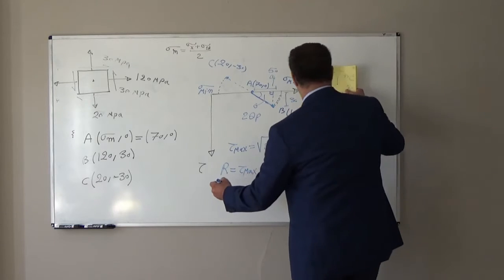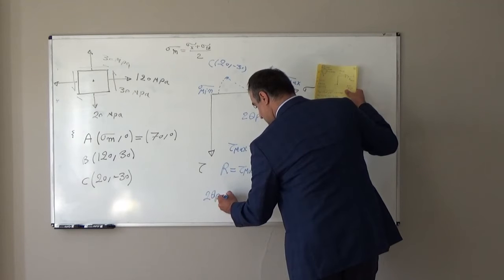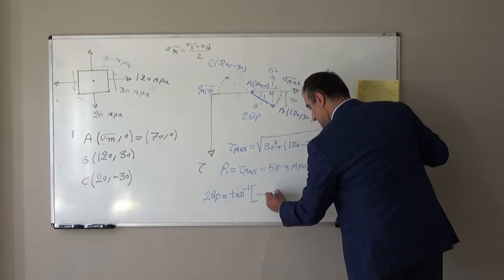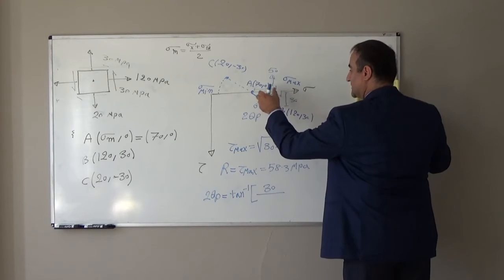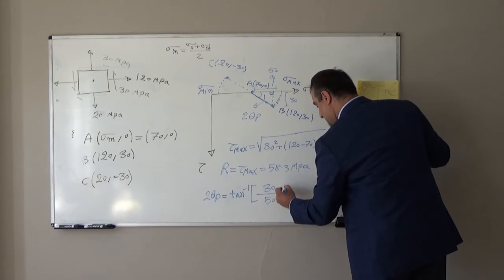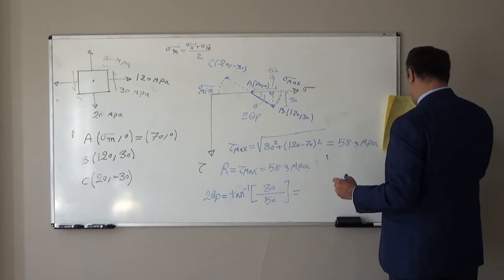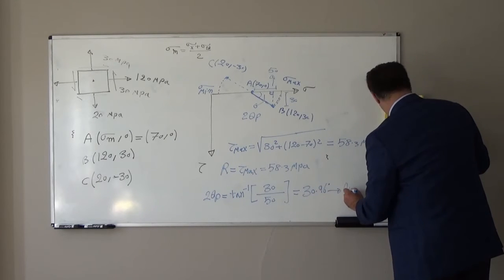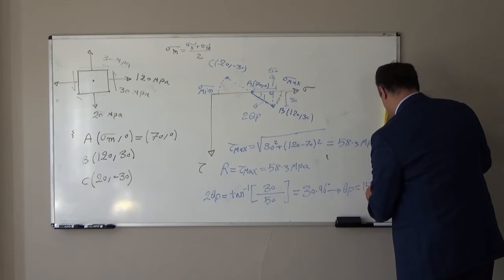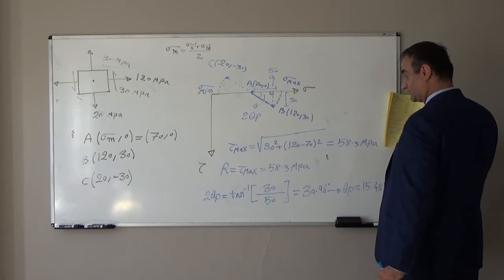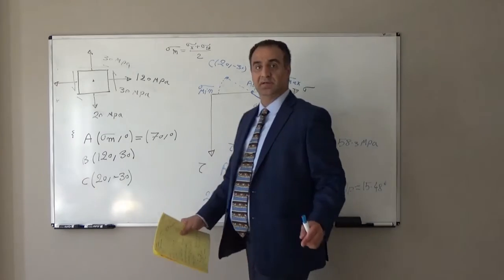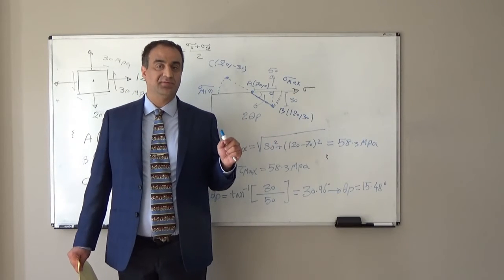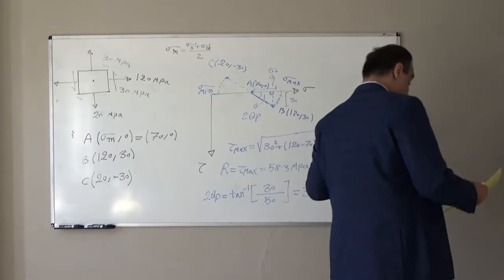So 2 theta P will be equal to inverse tangent of 30 divided by 50. From here, 2 theta P will be equal to 30.96 degrees, and theta P will be equal to 15.48 degrees. Because, as I mentioned, rotation in Mohr's circle is 2 times the real rotation of the element.